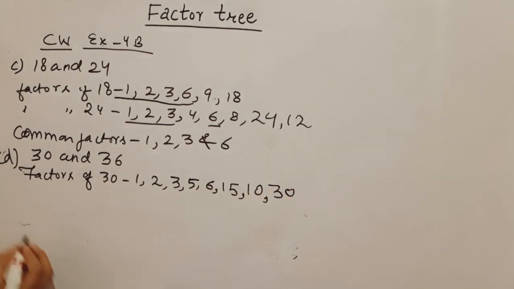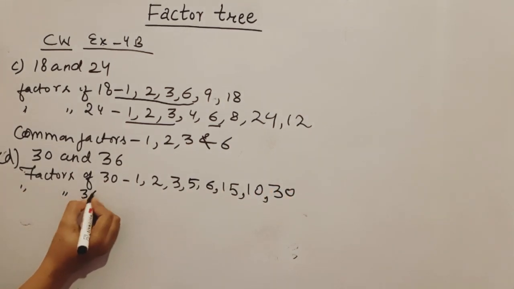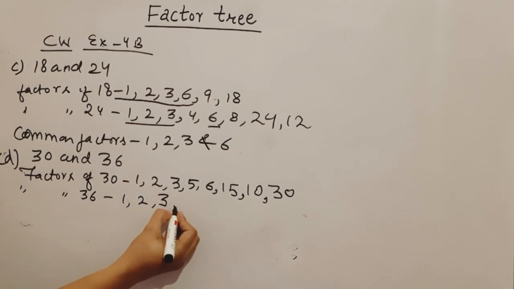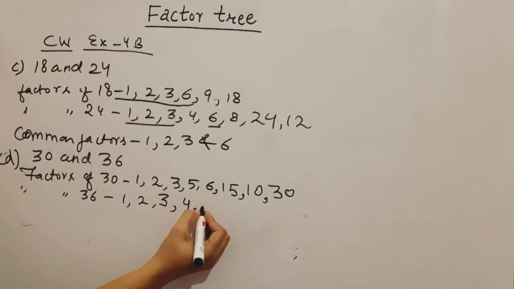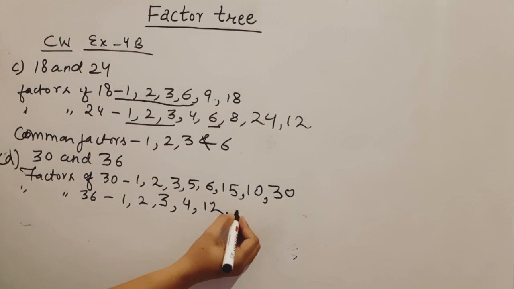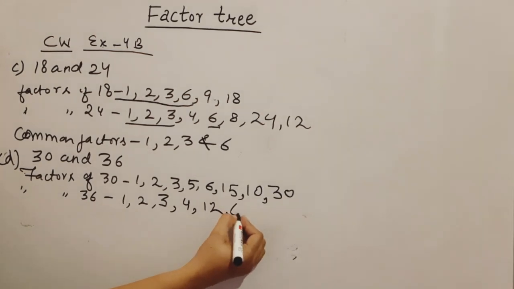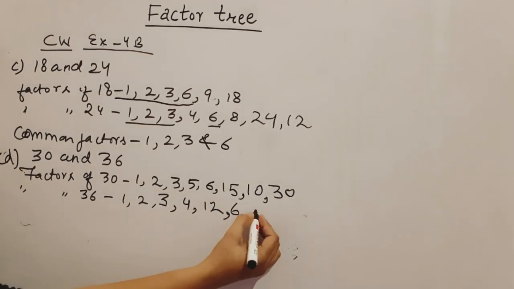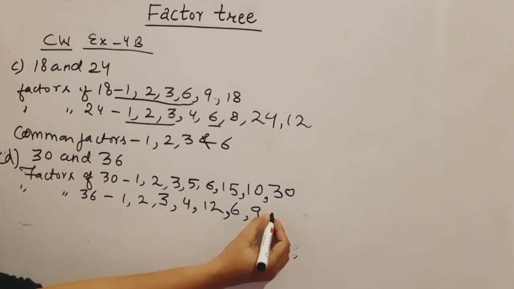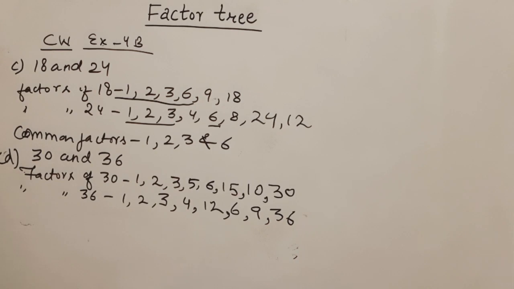So these are the factors of 30. Now factors of 36: 1, 2, 3, 4, 12, right? And then 6, 9. Now which number is left? 36. So these are the factors of 36.